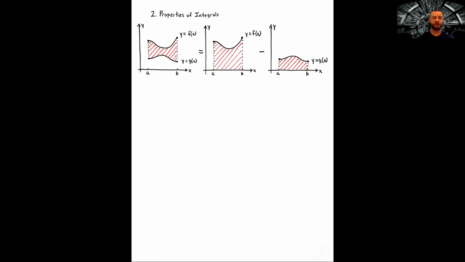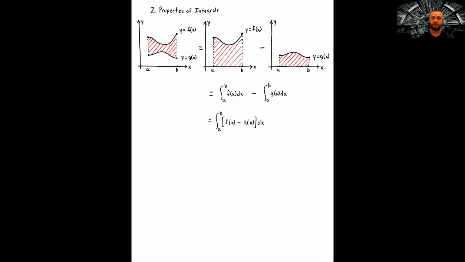Now the benefit of doing it this way is that, since we have areas beneath a single curve, y equals f or g of x, we can apply our fundamental idea. Each of these should be a definite integral. We have the first area as the definite integral from a to b of f of x. And then from that, we subtract the definite integral from a to b of g of x.